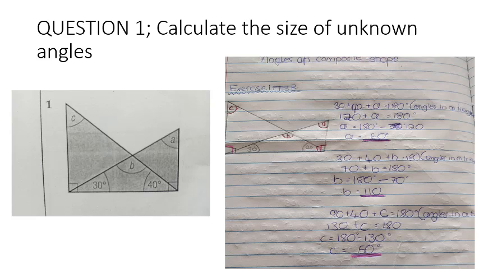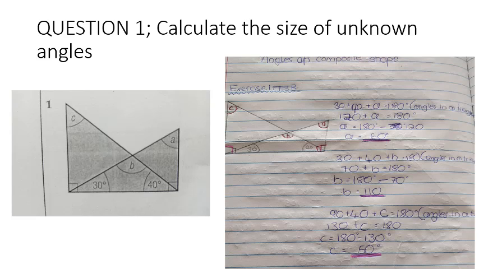The answer is 120. That means we are going to subtract 120 from 180 to find the angle A. So 180 degrees minus 120 degrees, the answer is 60 degrees. That is the size of angle A.